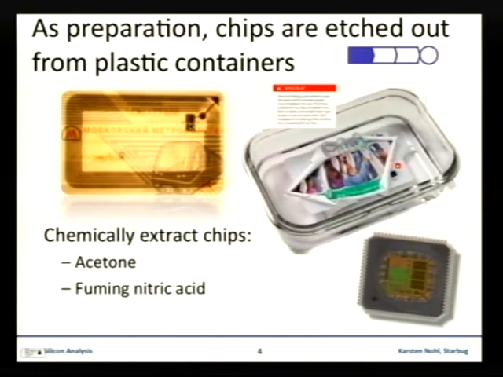So first of all, you had to extract the chip out of these plastic cards. The chip cards are made up of polycarbonate. So the best way is to use acetone. The acetone will dissolve parts of the polycarbonate, and you will get to the chip.